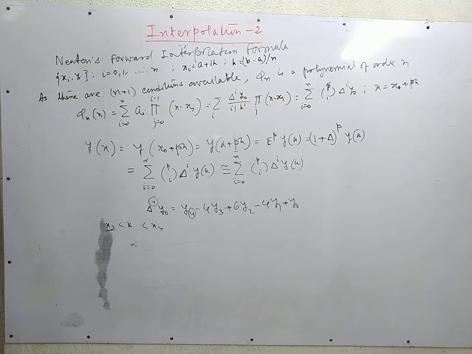That is to say, the polynomial becomes of lesser and lesser order as the value of x goes down the tabulation, and the error will increase gradually. So Newton's forward interpolation formula is the correct one when the value of x at which we are to estimate the function lies near the beginning of the table.